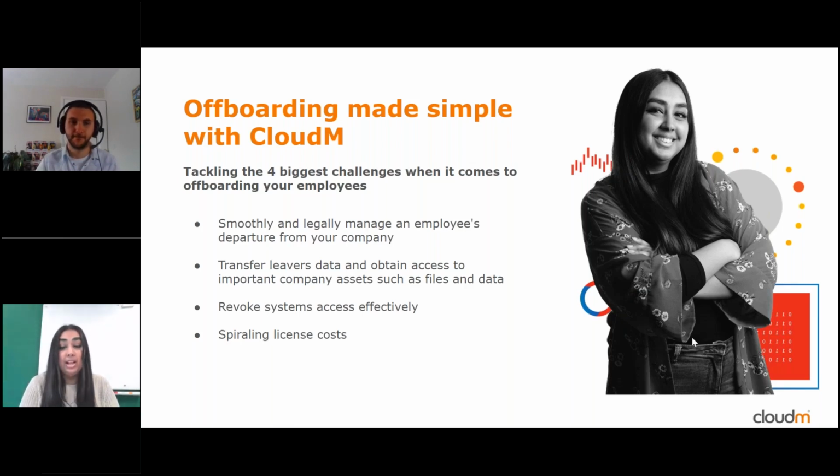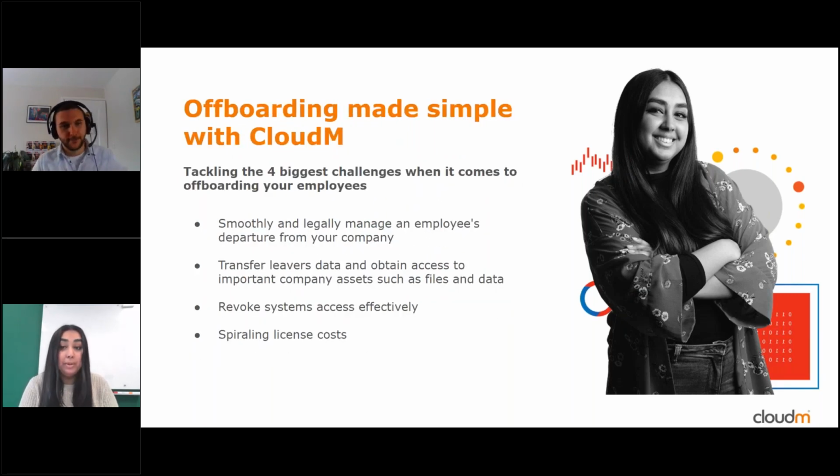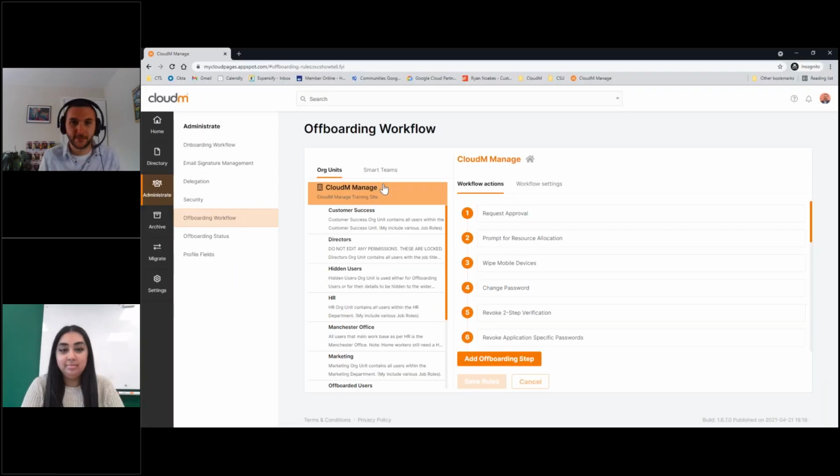And of course, as I mentioned earlier, the issue of license cost is a huge one for a lot of businesses, but we can help you tackle this. I will hand over to my colleague Ryan, who will dive deeper into offboarding.